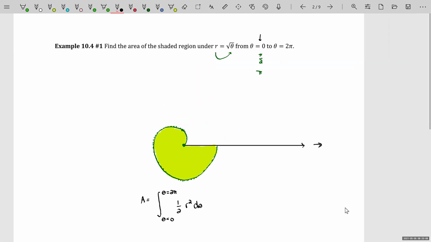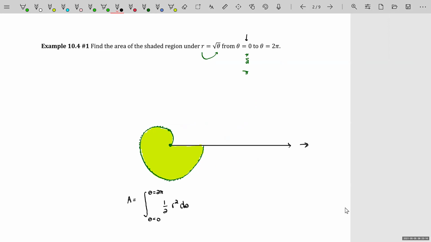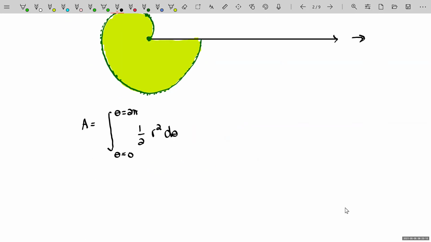Oh, r was the square root of theta. So this is going to be 1/2 integral from 0 to 2 pi of the square root of theta squared, or in other words, theta, d theta. Well, that's just going to be 1/2 theta squared over 2, evaluated from 0 to 2 pi.